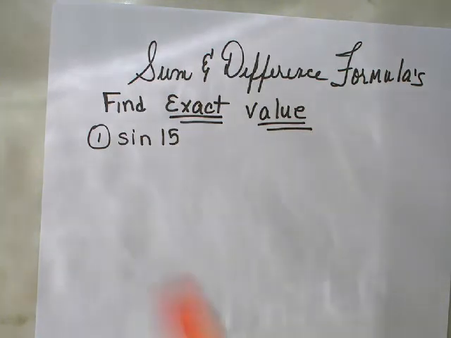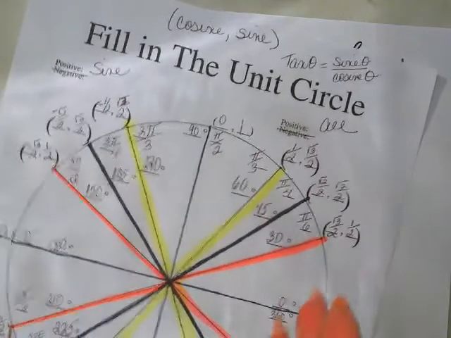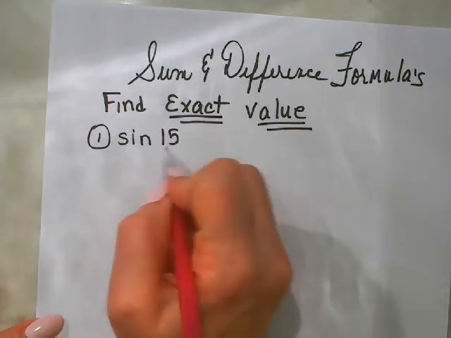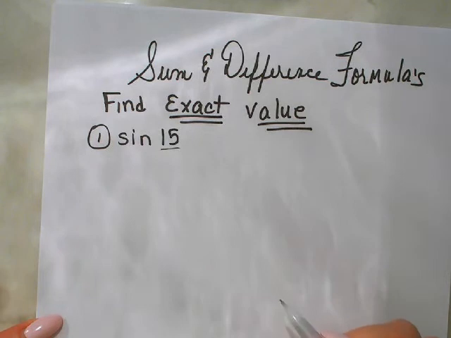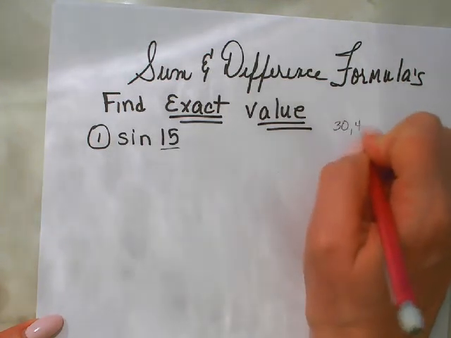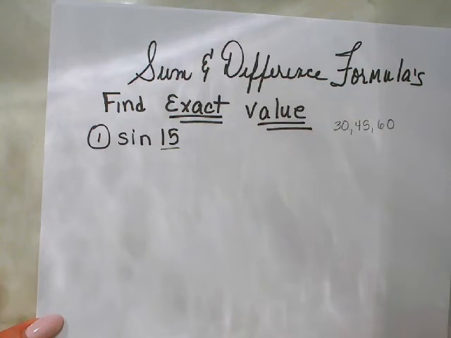So how am I going to find the sine of 15? It is not one of your quadrantal angles. It's not one of your unit circle angles. But it is a combination of the two. This is where a little thinking comes in. For 15, I know that I have my 30, my 45, my 60 angles.